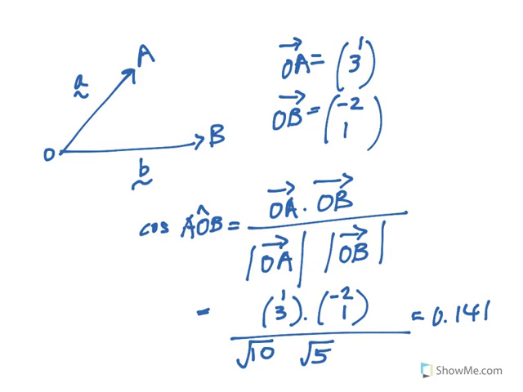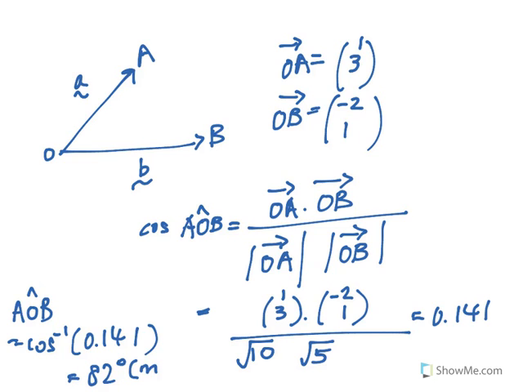And therefore AOB will be equal to the cosine inverse of 0.141, which is approximately 82 degrees, because the question asks for us to find it to the nearest degree.